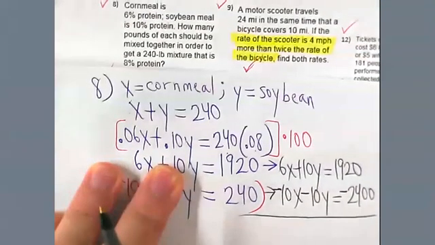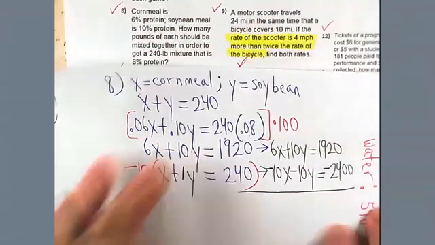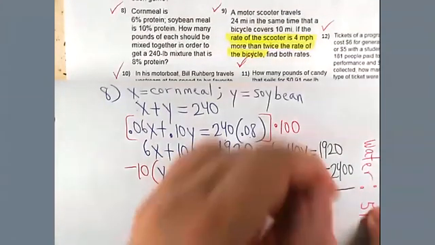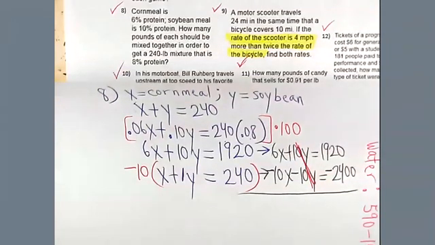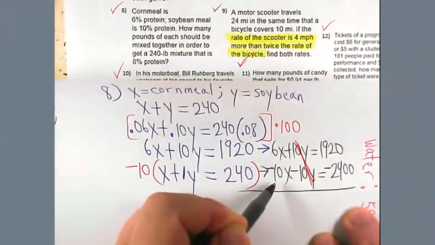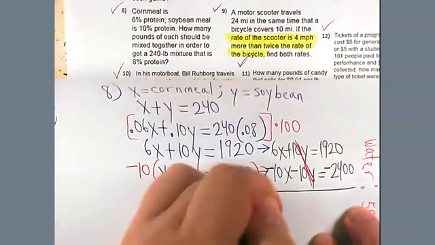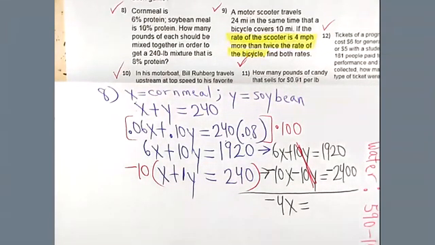Now we can eliminate or cancel out the y terms and combine everything else. When we combine the x's, negative 4x equal to negative 480.